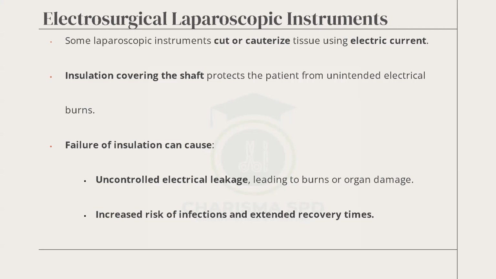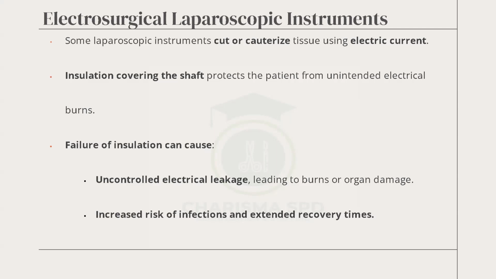So it means that for that laparoscopic tray, you will always find a light cord in there. You will always find a light cord in the laparoscopic instrument set, because without it, some of the instruments will not work. Insulation covering the shaft protects the patient from unintended electrical burns.